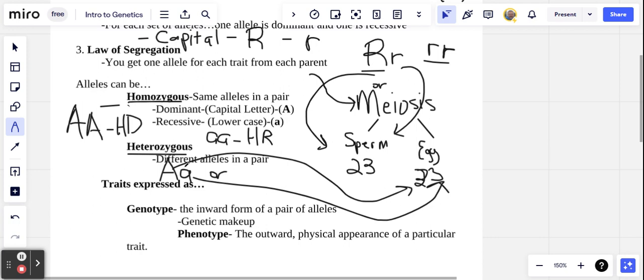Sometimes the reason they don't is they give away the allele that's not being expressed because it's paired with a dominant. But when it's by itself, if this recessive allele in the egg meets a recessive allele from the sperm, then it gives a new trait that's not being expressed in the parent. Okay, so that's heterozygous.